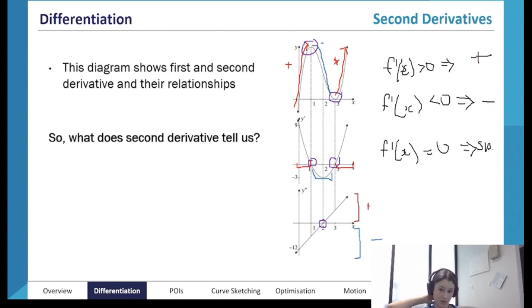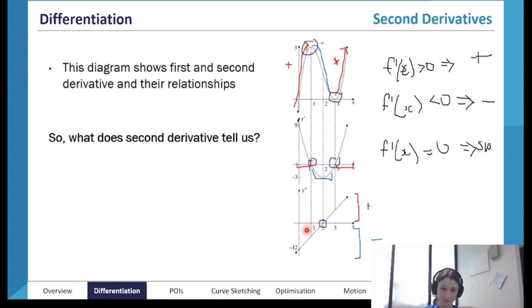Now, the other thing that I want to point out, and this is the more typical application of the second derivative, is its relationship with the original function. So, what I want to point out to you guys is that the second derivative tells us about the concavity of the original function.